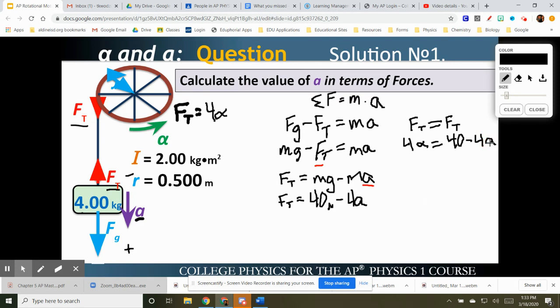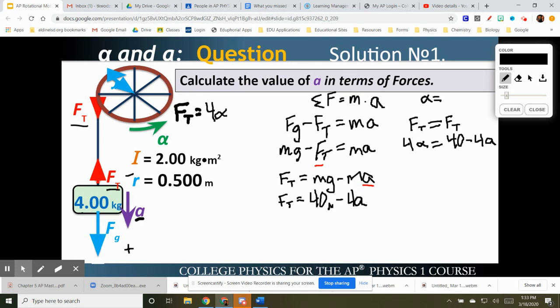Okay, so here I have A. I'm almost ready to solve for it. And I mentioned this earlier, and I think Gabriel got to it too. If we're looking at angular acceleration, we can also look at linear acceleration from angular acceleration. So what did Gabriel say earlier?